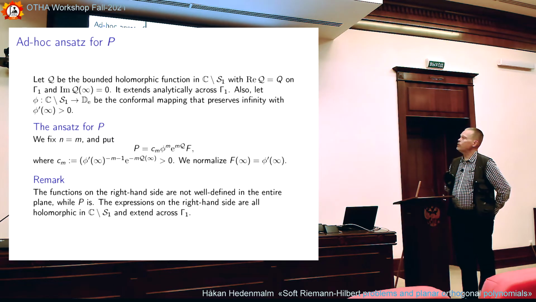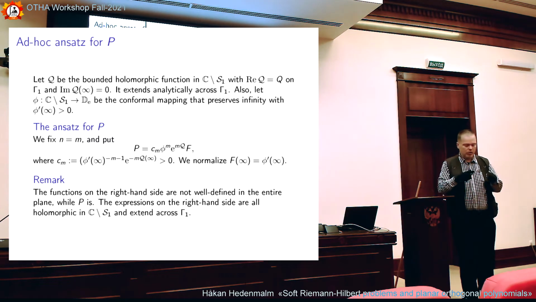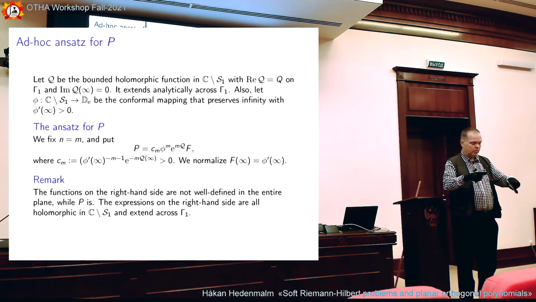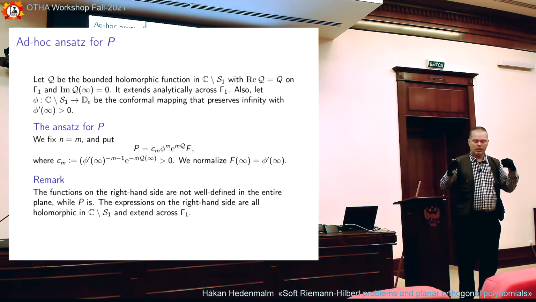Then I need one more function. A little bit tricky, but first we look at our boundary loop, and we consider our potential Q there, and then we harmonically extend it to the exterior domain. We can solve the Dirichlet problem in the exterior domain.